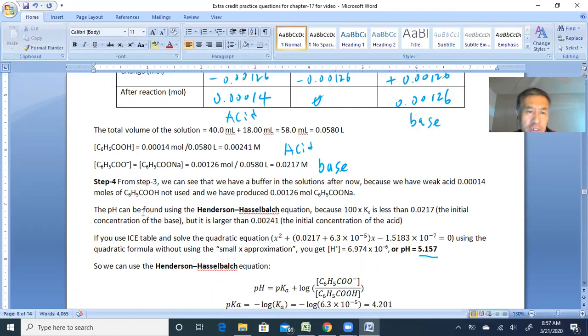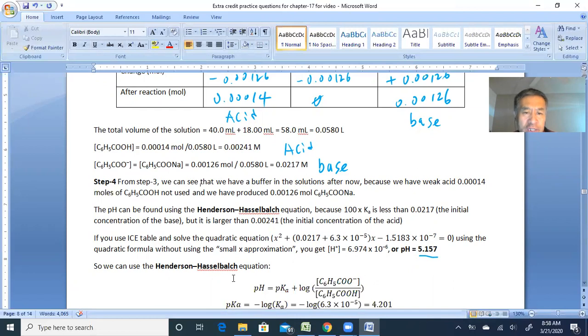The pH can be found using the Henderson-Hasselbalch equation, because 100 times Ka is less than the initial concentration, but it's larger than that. I use an IC table with the quadratic formula without the small x approximation, and I get H plus is 5.157, so this is the more accurate result.